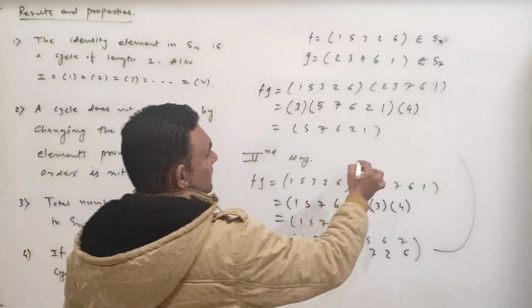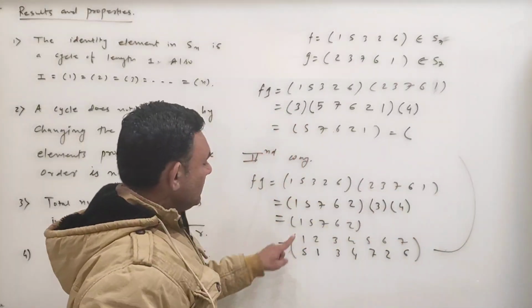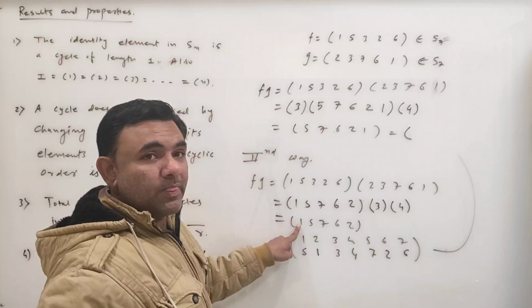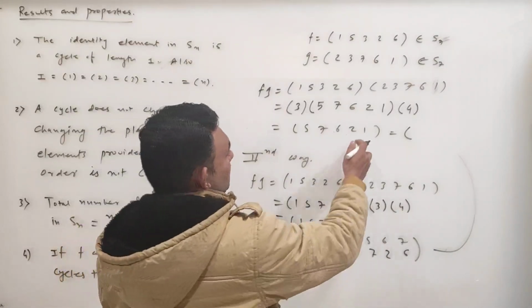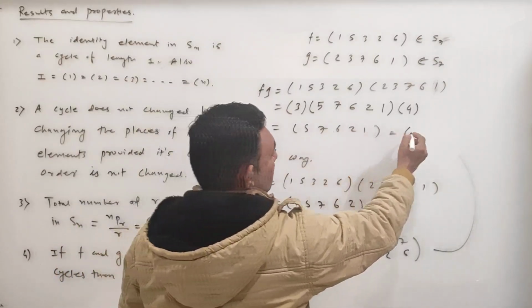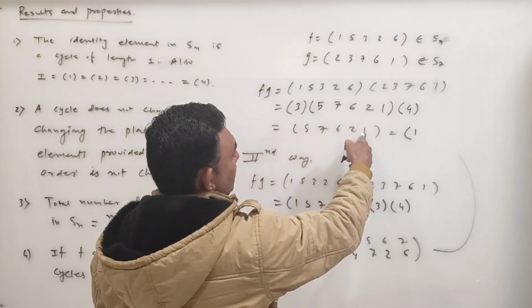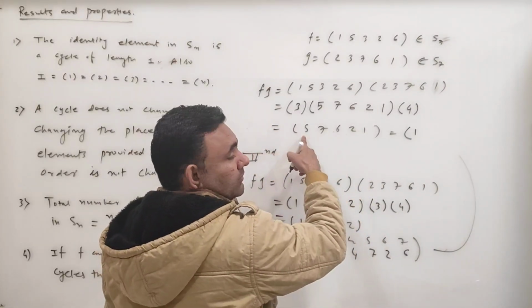Or you may see it in this way also. See, here 1 is on the first position now. So you just write down 1 first. Then what is the image of 1? Image of 1 is 5.